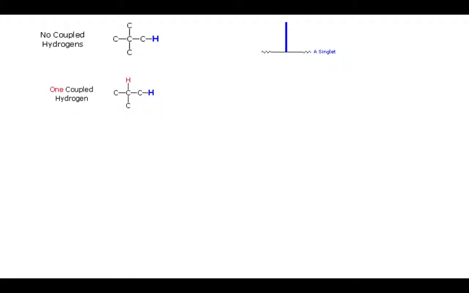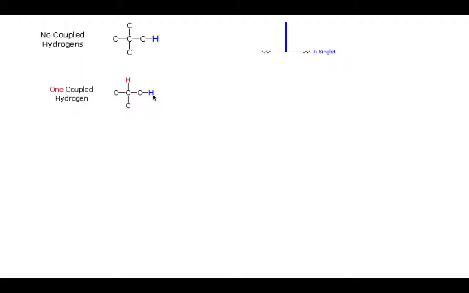Now, if instead we had the blue hydrogen that we're looking at with our NMR, but on an adjacent carbon it's got one hydrogen. The magnetic field of this hydrogen, which could either be parallel or anti-parallel, has two choices, up or down. It could be the same as this one, or opposite from this one.